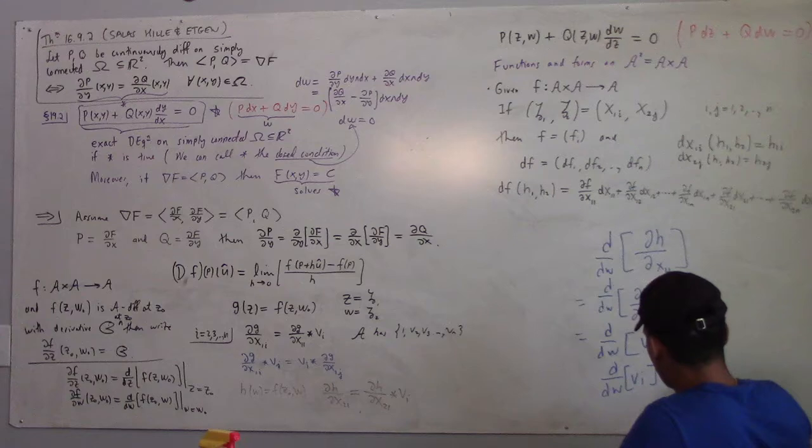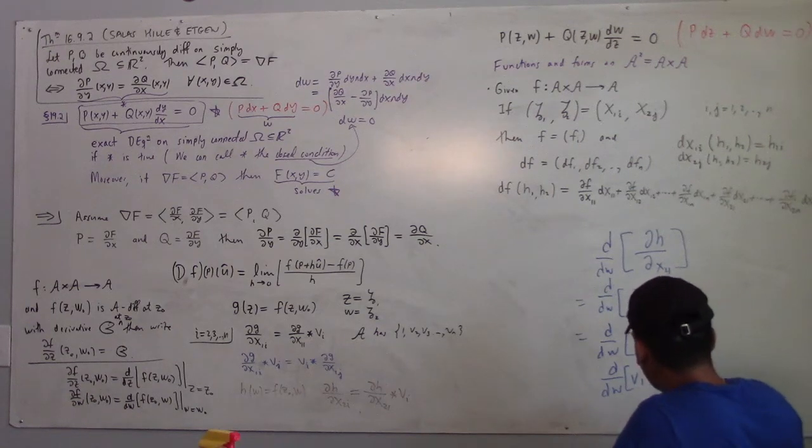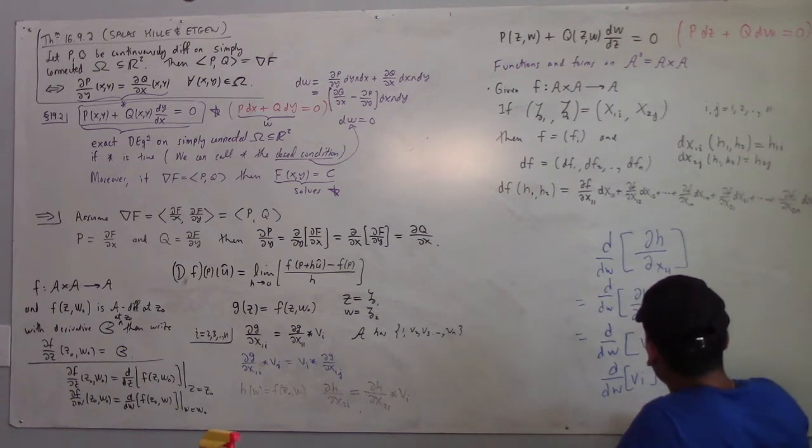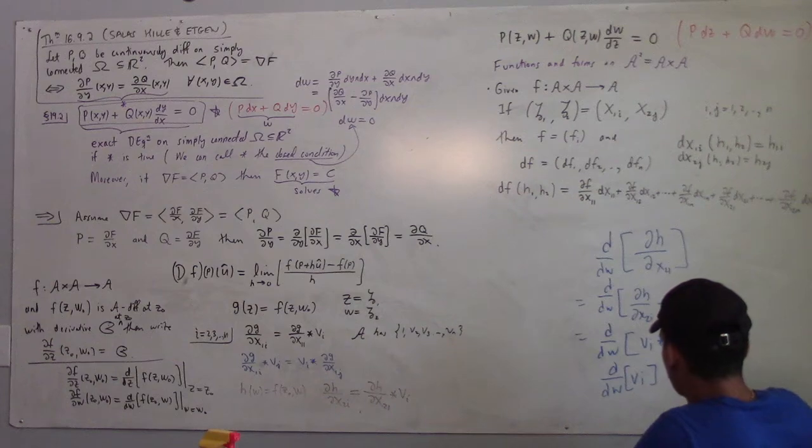But vi is a basis element, so I don't know what d/dw of vi means. I would think it would be 0.